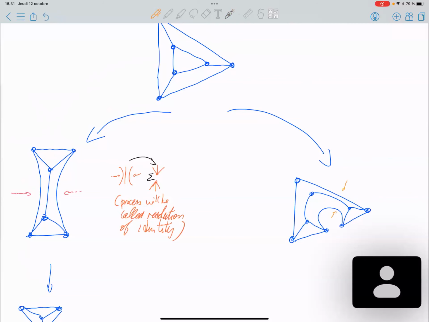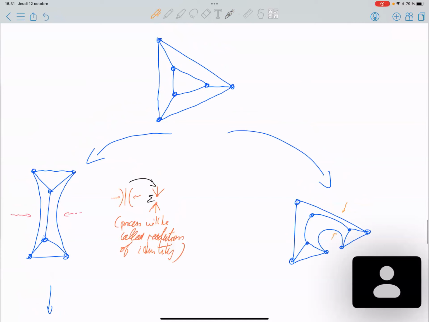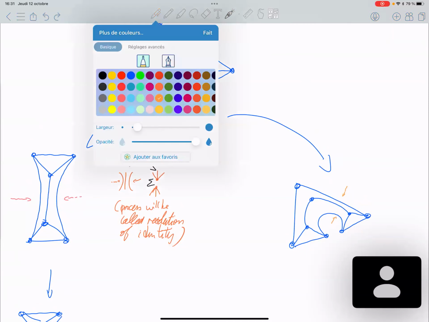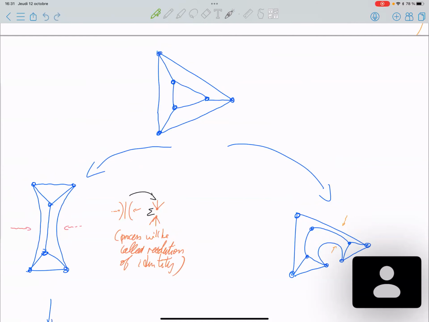We will consider it in the next step, and then we will consider another one again. But to understand what happened from here to here, we need to draw an extra picture, which is not in Dylan's paper. So let me draw an extra picture.